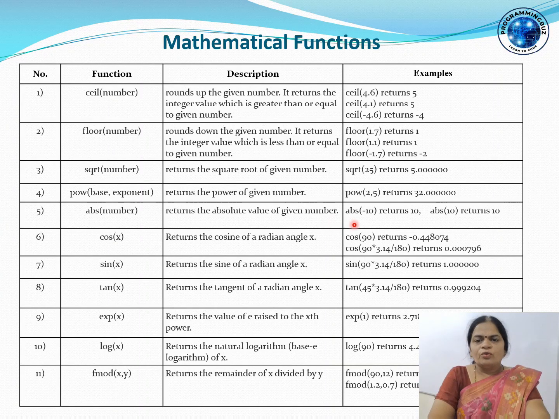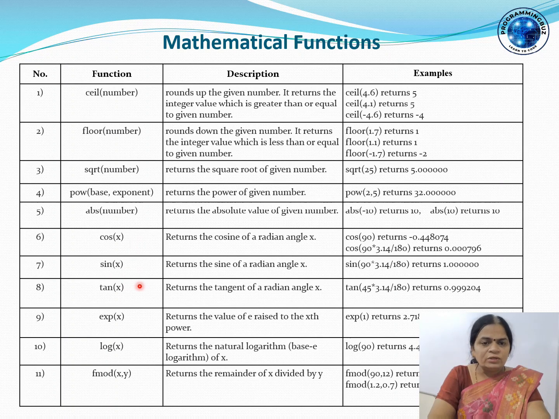For example, abs of minus 10 will return 10, and abs of 10 will also return 10. So if you want to convert a number into a positive number, then you will use the abs function. Then the next are the trigonometric functions, which are the cos function, sine function, and the tan function.